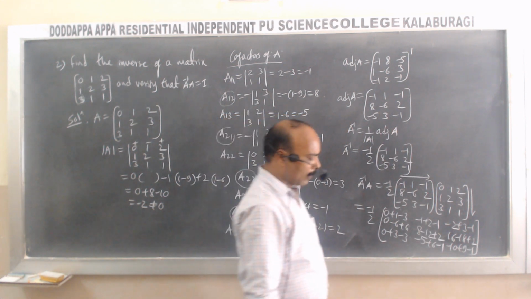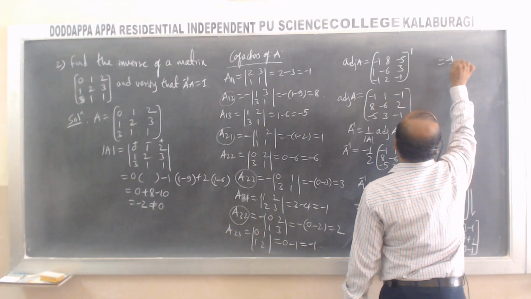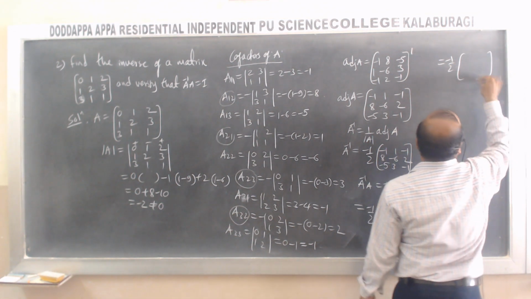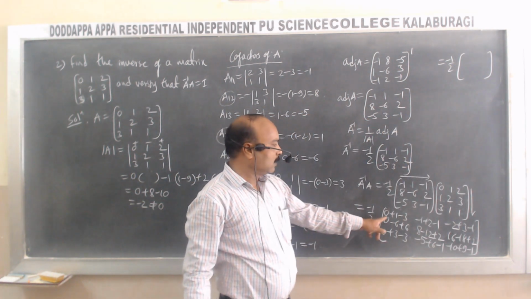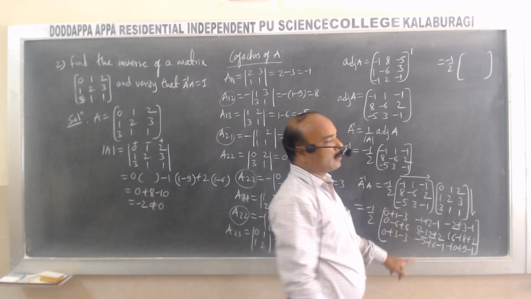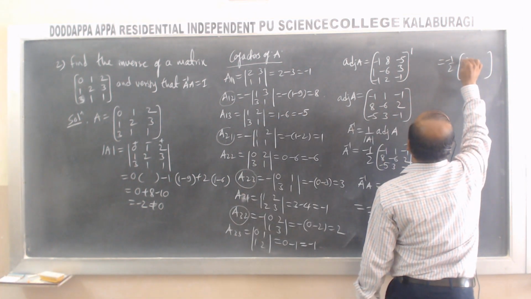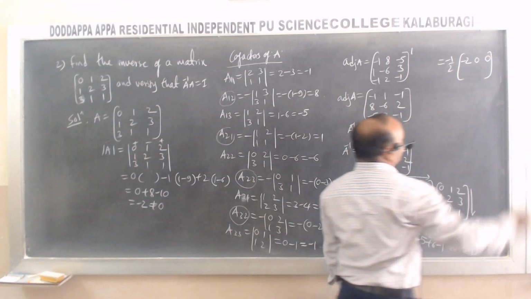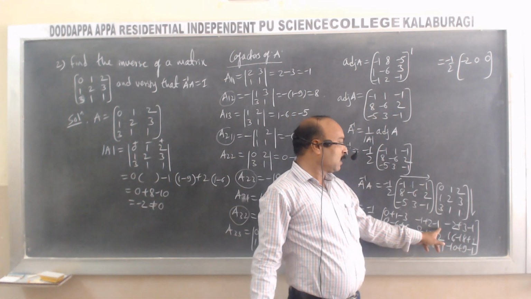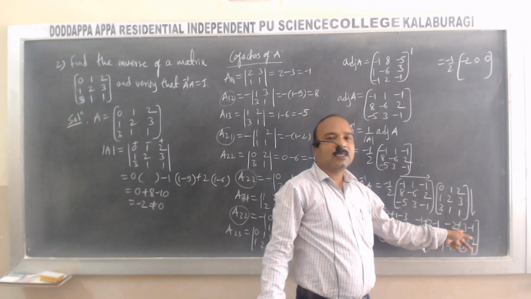Now by simplifying this we get, it is equal to minus 1 by 2 into that matrix. 1 minus 3 is minus 2, it is 0, it is 0, because minus 2 plus 2 is 0, minus 3 plus 3 is 0.